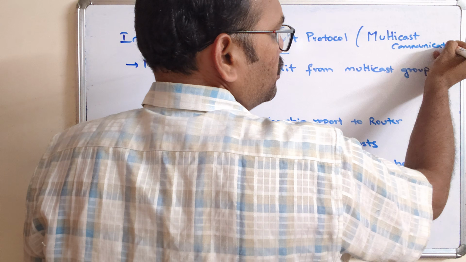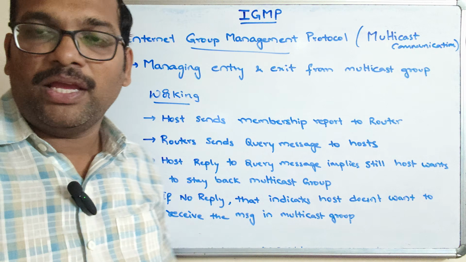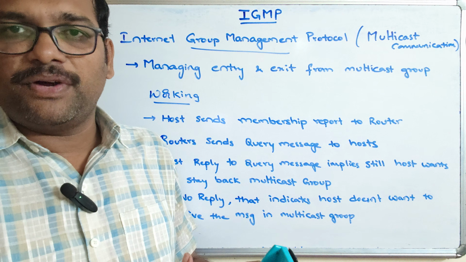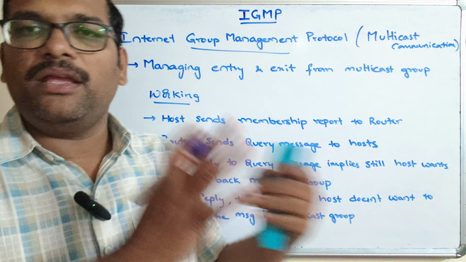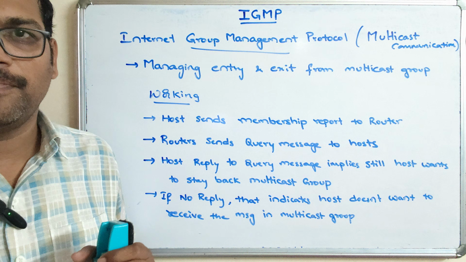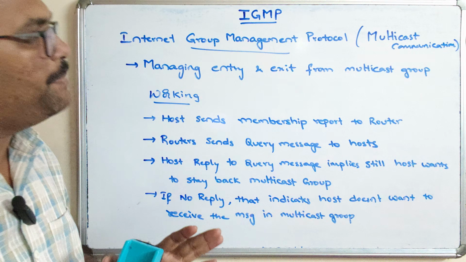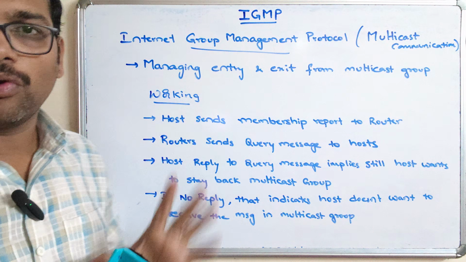One example I just said for multicast communication is live streaming. Those who registered with that particular router can only receive the data in that particular group. So this is the IGMP protocol, Internet Group Management Protocol. It's a network layer protocol.